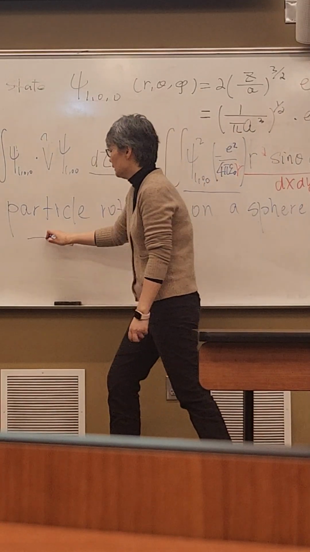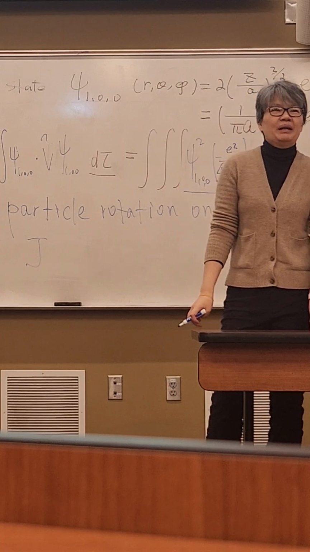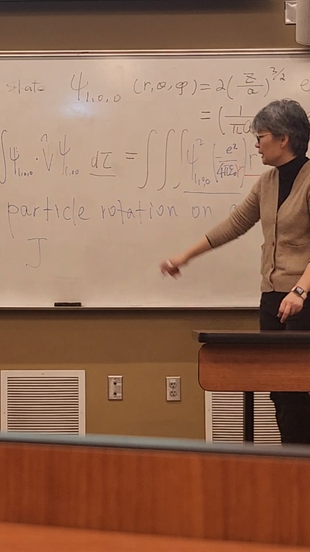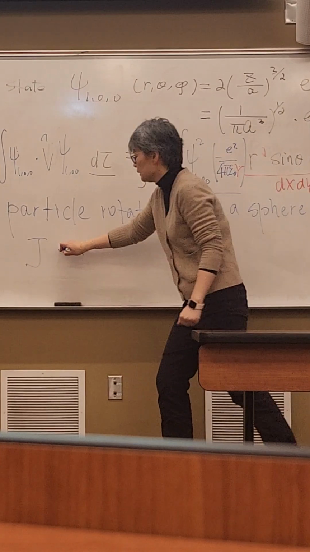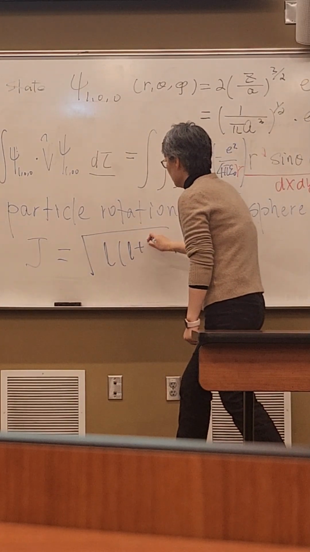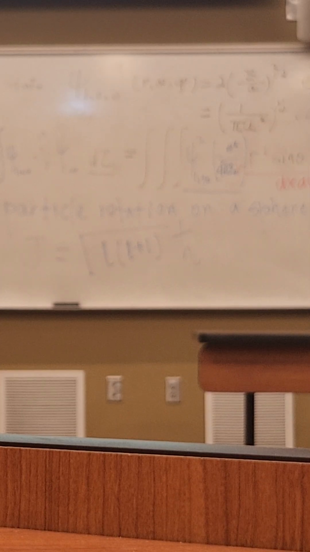Right? We will have a linear momentum, and then we will have angular momentum. How do we know the angular momentum value? The magnitude L equals the square root of l(l+1) times the constant h bar.